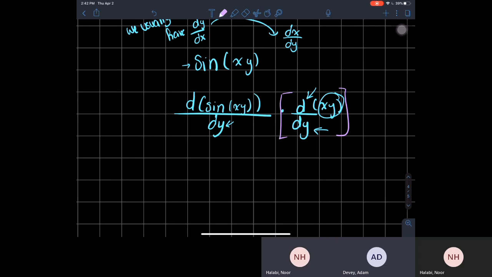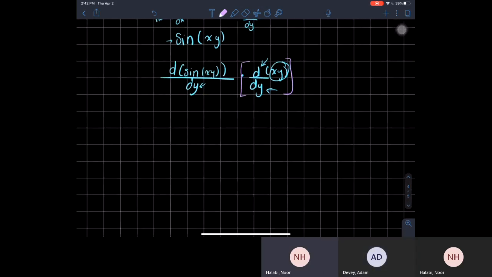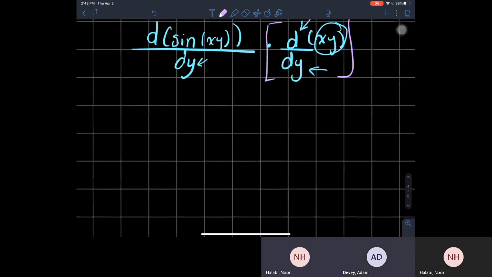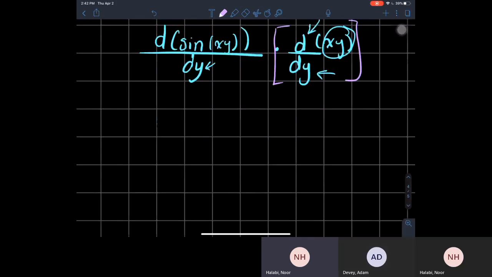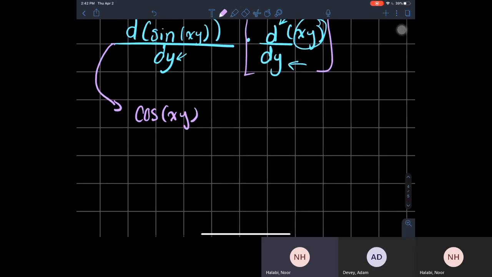I don't know if you guys do the prime? Honestly, I've seen some classes where they do prime. So they say that this is cosine xy, obviously, because this translates into cosine. And then this one, they factor it. They're like, okay, so this is a product rule right here because you have x and y. So you have x.